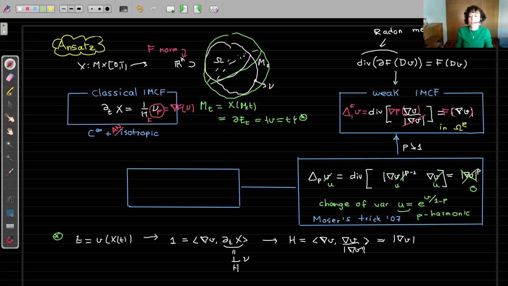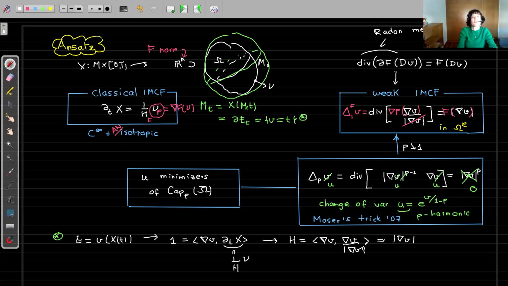And the nice thing about that is that p-harmonic functions have a nice variational interpretation, because these u's are minimizers of the p-capacity. I will recall in a minute, when I start the sketch of the proof, what the p-capacity is.